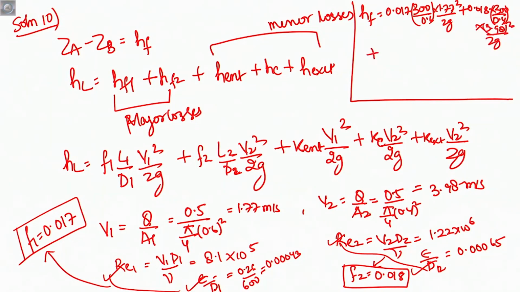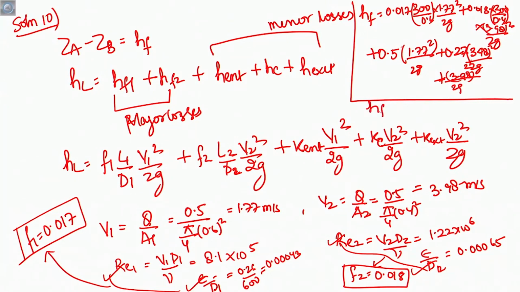These two are major losses. Plus minor losses: the entrance was 0.5 into 1.77 square by 2g, and this 0.27 is given to us, or we can look it up in the table, into 3.98 whole square by 2g. The last one is exit, so whole energy is going to be lost, so 3.98 whole square by 2g.